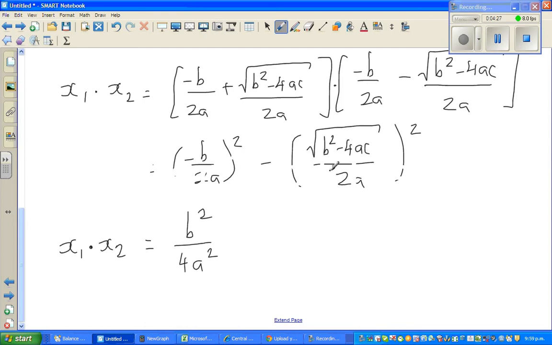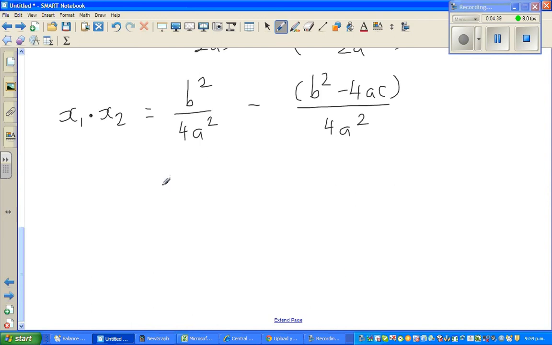And here the square root will go away, so minus, I'll put this in brackets, b squared minus 4ac over 4a squared. When you open this, you've got the same denominator, so this is b squared minus b squared, and a minus and a minus become plus 4ac over 4a squared. So b squared and b squared get cancelled. So x1 times x2.